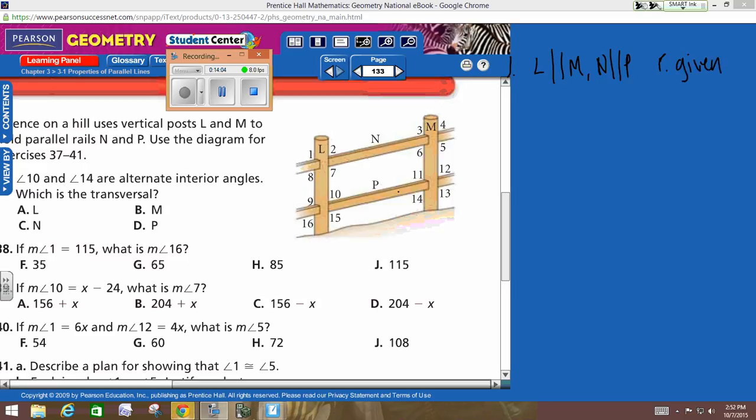And we're trying to prove that angle 1 is congruent to angle 5. Anybody got any suggestions or thoughts or ideas? Spencer? I will accept that, yep.